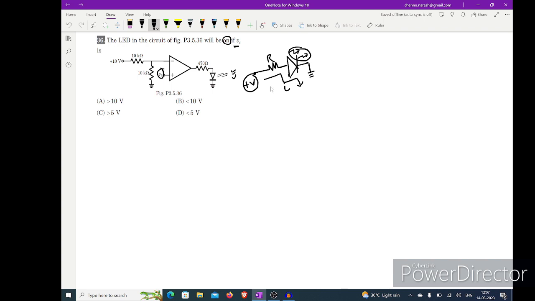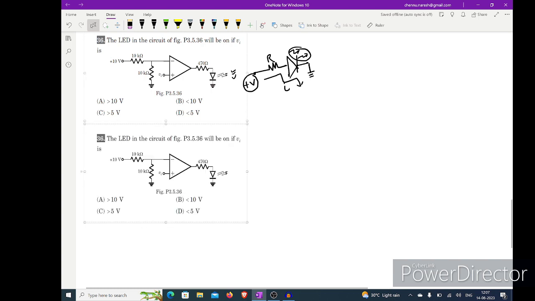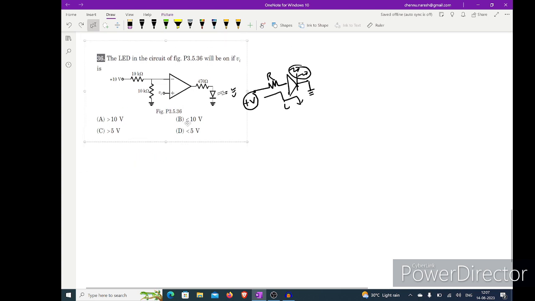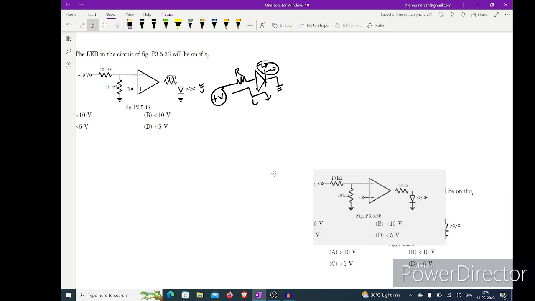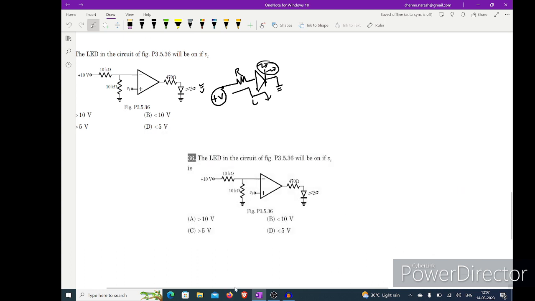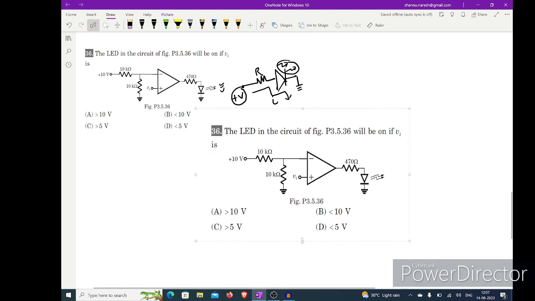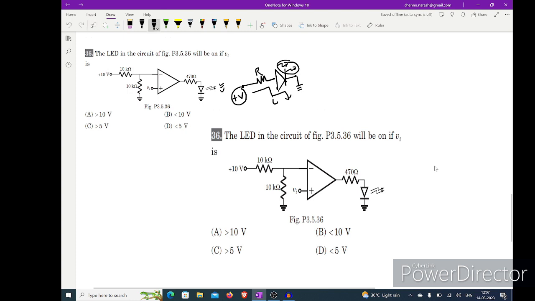In this question they asked when it will be on if Vi is less than 10 volts, or less than 5 volts, or greater than 5 volts, or greater than 10 volts. Now we will solve. So the idea is how much voltage it can be on. By taking this circuit, we will solve here only.